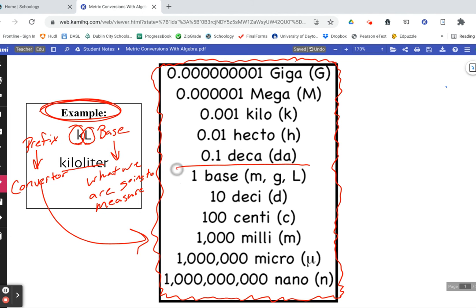Now, notice everything in here is based on the base unit. And remember, what is a base unit? A base unit is something that only has one letter. So if I see kiloliter, that's not a base unit. It has two letters. A base unit has one letter and is only made up of the base. On here, we have meter, gram, and liter.